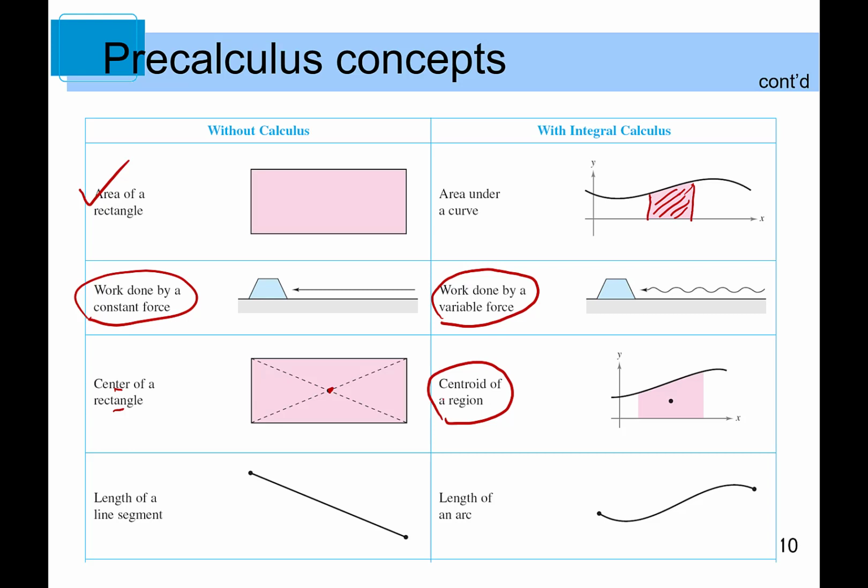And without calculus, you can find the length of a line segment, just like that one, using the distance formula, given the coordinates of the 2 points. With the help of calculus, you can find the length of the arc.